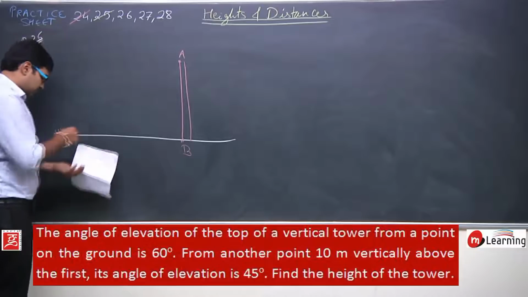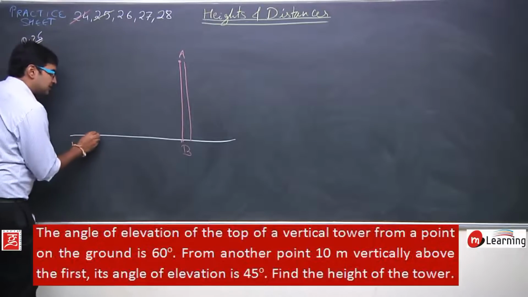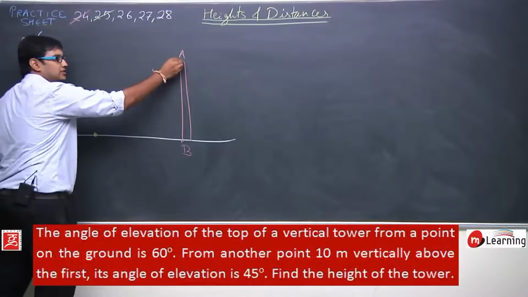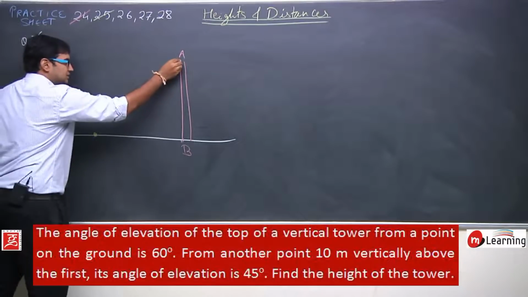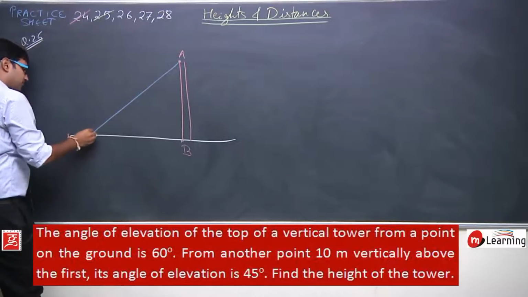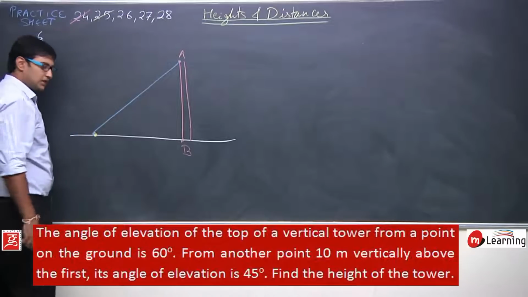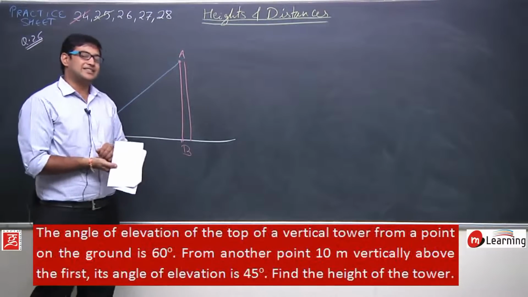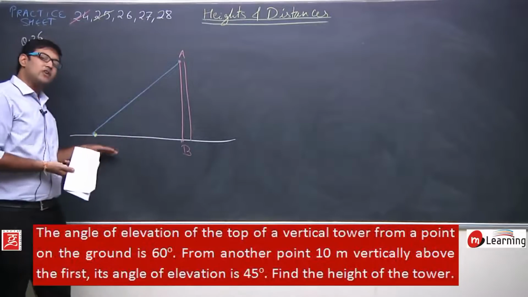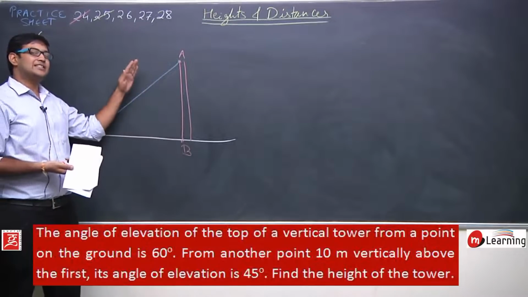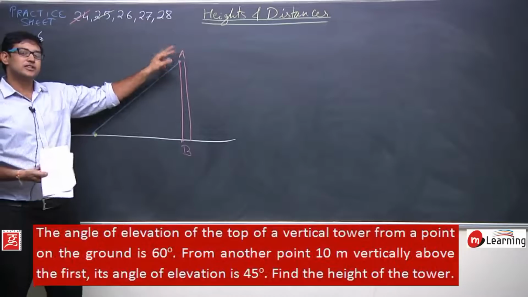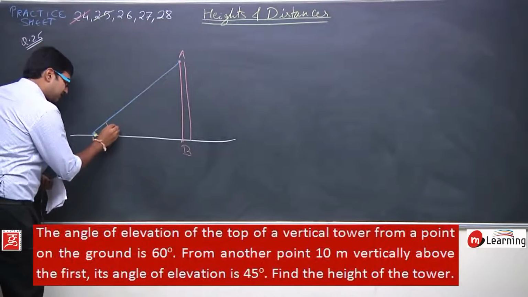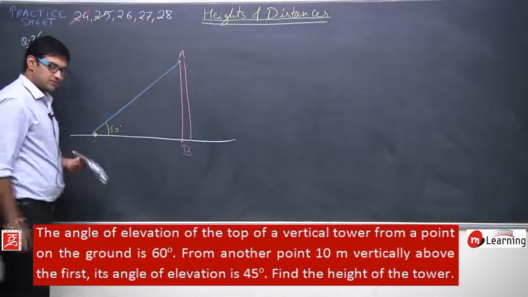So if I am observing this tower from the ground, let us say this is the point on the ground, and to observe the top of this tower, my line of sight will be like this. This will be my line of sight, and it says to observe this top, the angle of elevation is 60 degrees. It means if I am standing on the ground, I need to move my head 60 degrees upwards to observe this point. So this angle is given as 60 degrees.